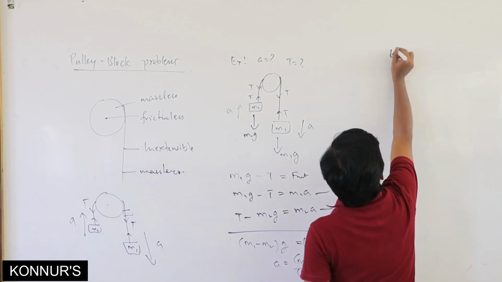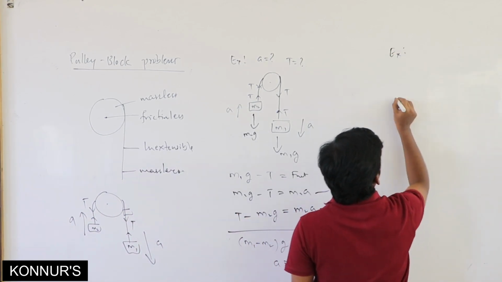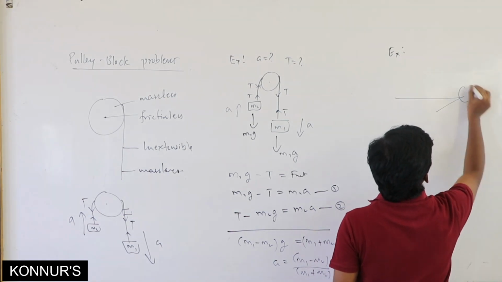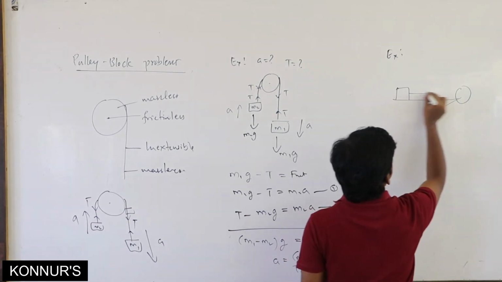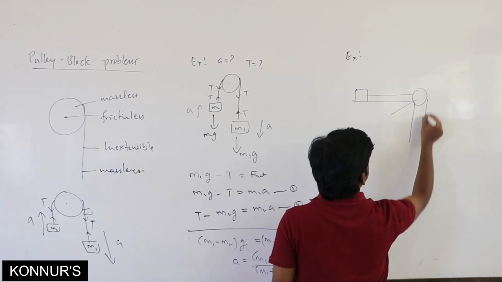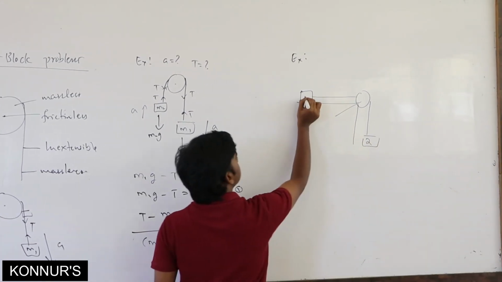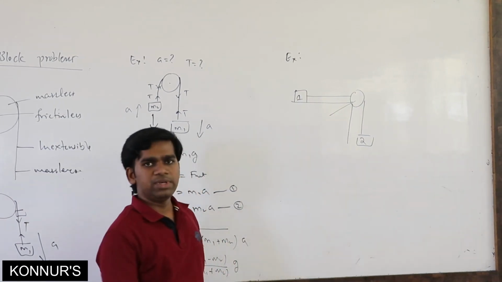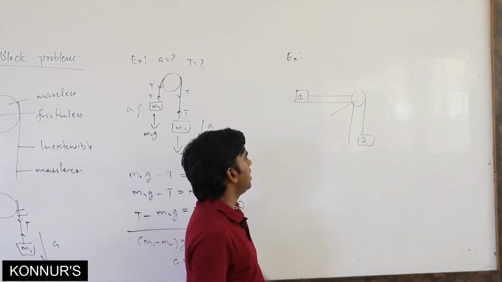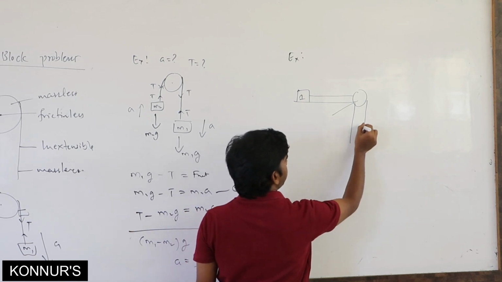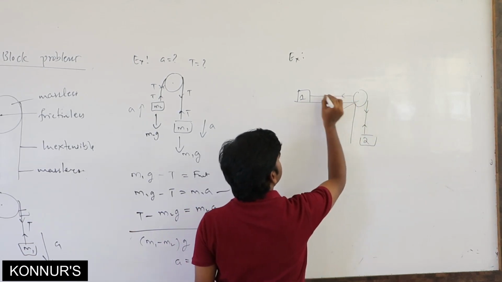Okay, so if I take an example, suppose a pulley is connected here, one mass is connected, and that mass is connected to another mass of 2 kg and this is of 1 kg. Obviously it will move in the downward direction because of more mass, so tension will be generated here and here.